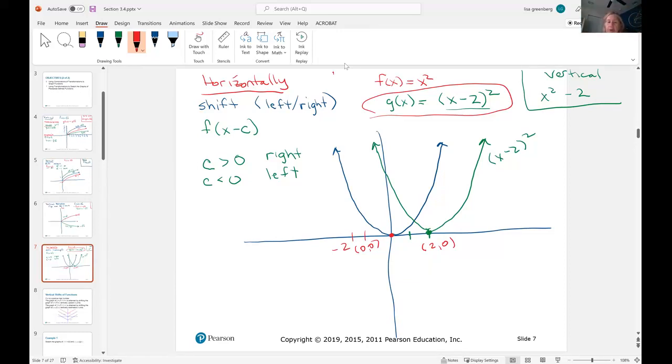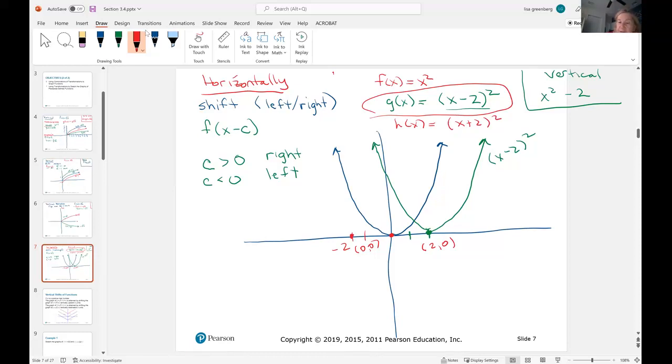Okay, so I know it's confusing, but here we're saying that when that's a negative sign, we're going to shift to the right, and when it's a positive sign, we're going to shift to the left. So if I wanted to graph h of x is equal to x plus 2 squared, then I go to this point.